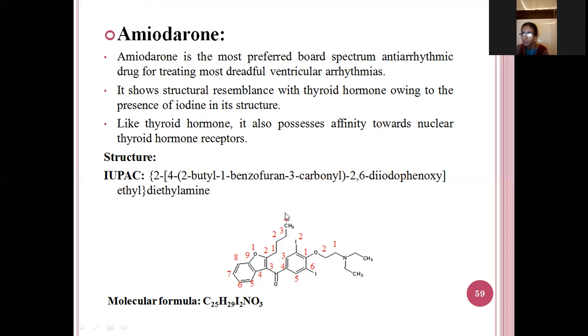So this is the structure and IUPAC name.